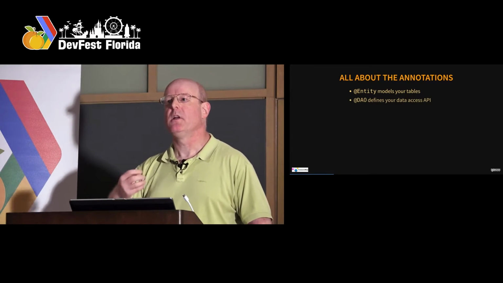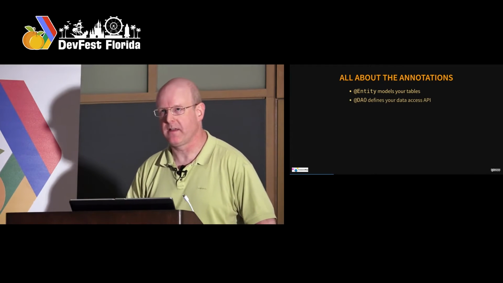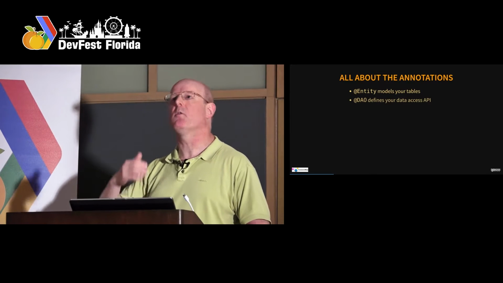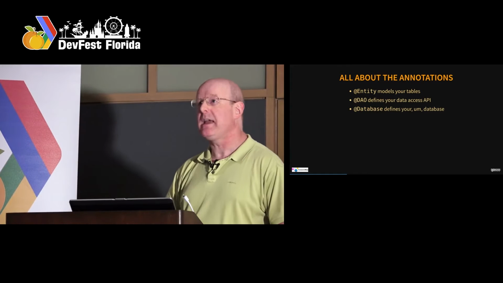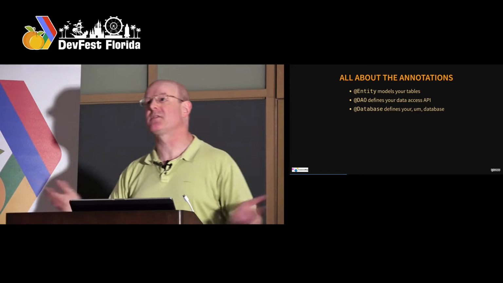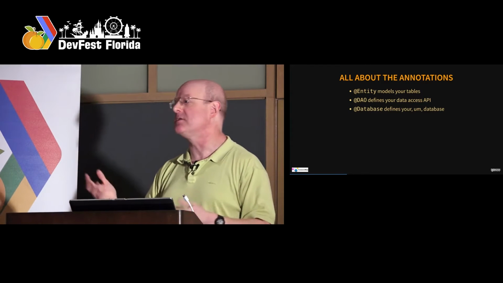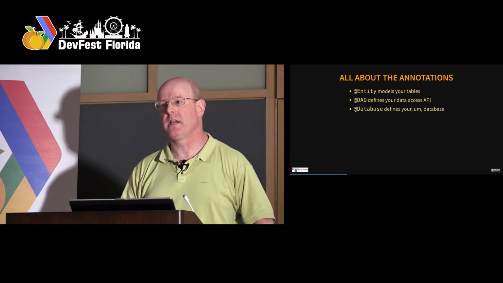This is going to model your data access patterns. How are we actually retrieving the data from the database? How are we putting data into the database to be able to retrieve it later? And you're going to have a @Database annotation, because we've got a database somewhere and we're using annotations, so hey, let's have an annotation for our databases as well.